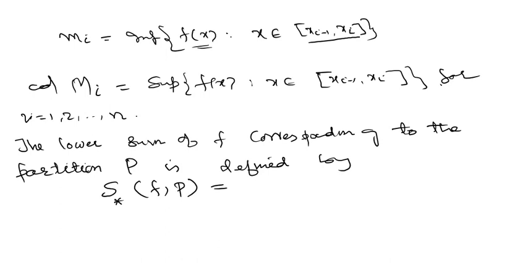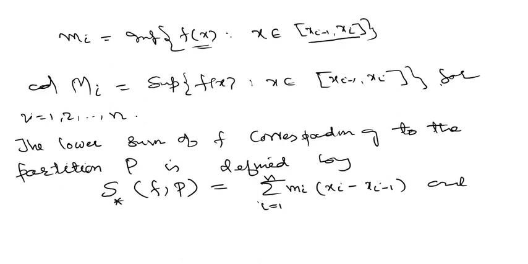It's equal to the sum of these m_i times the product of the lengths, i runs from 1 to n.